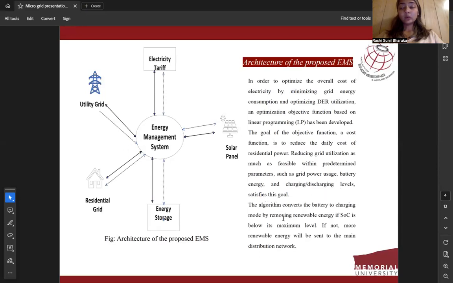To satisfy these goals, this algorithm puts the battery in charging mode using renewable energy when solar energy is available. If it is not renewable, it will be sent back in its original energy form to the main distribution network.